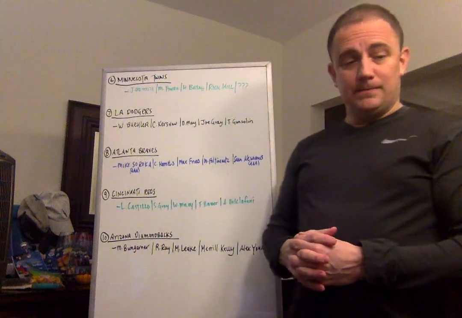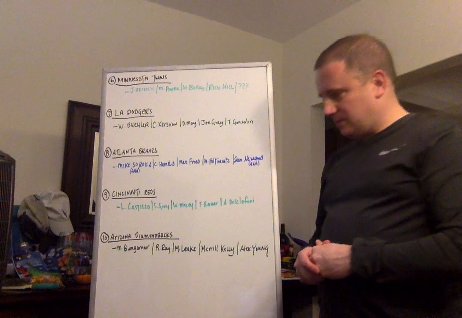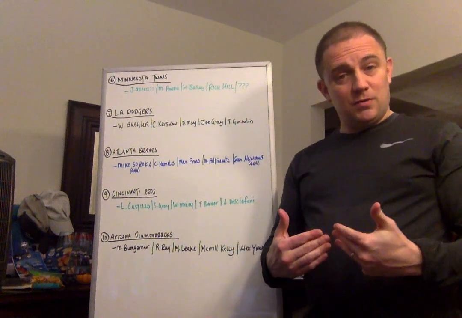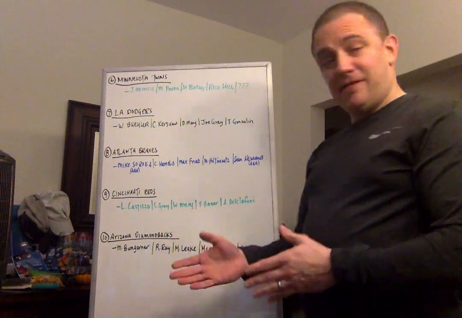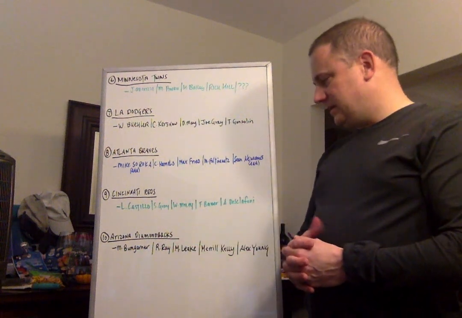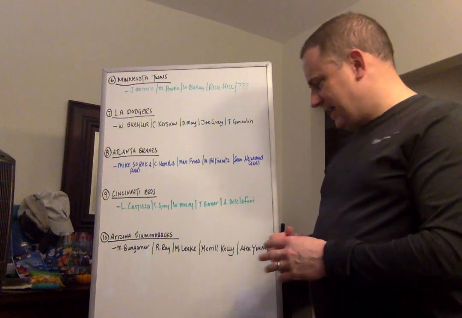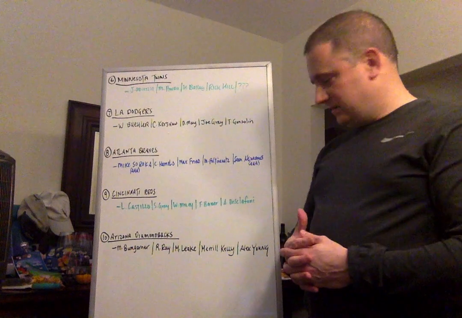So, with that said, number 10, the Arizona Diamondbacks. They brought in Madison Bumgarner on a 5-year deal. Big signing for them. They have Robbie Ray. They also have Mike Leake, 2 veteran pitchers. Merrill Kelly is another one. Some of these pitchers you haven't heard about, but they have performed.